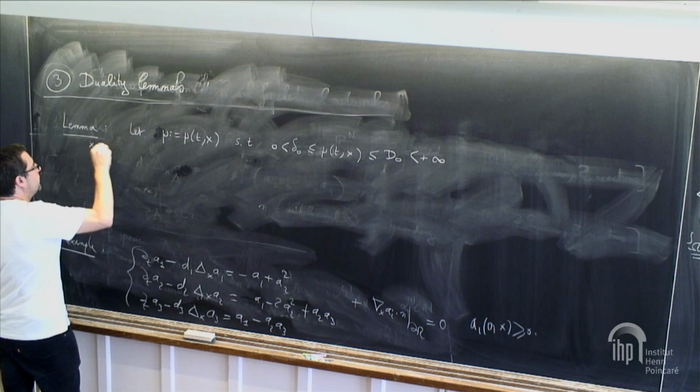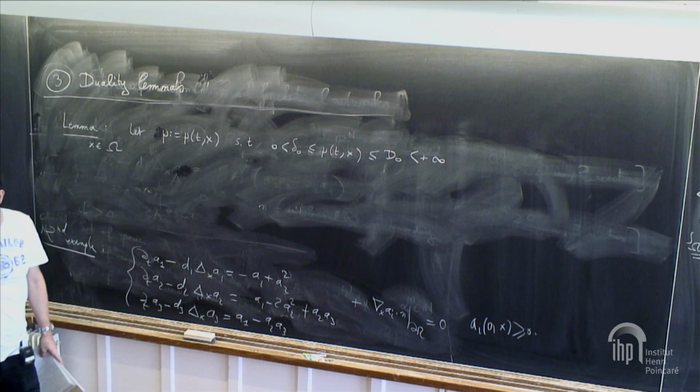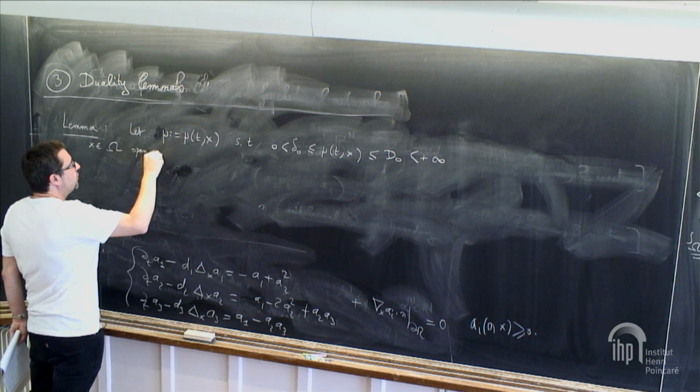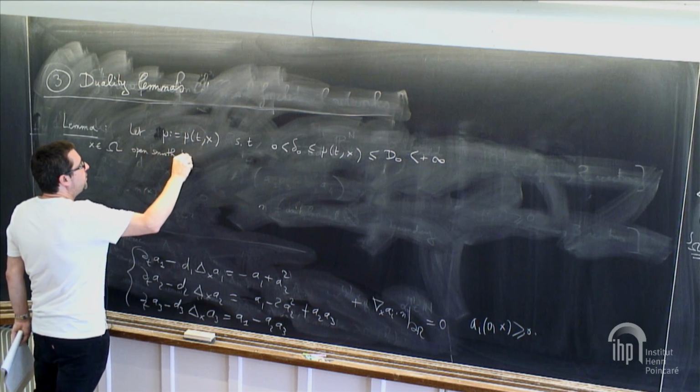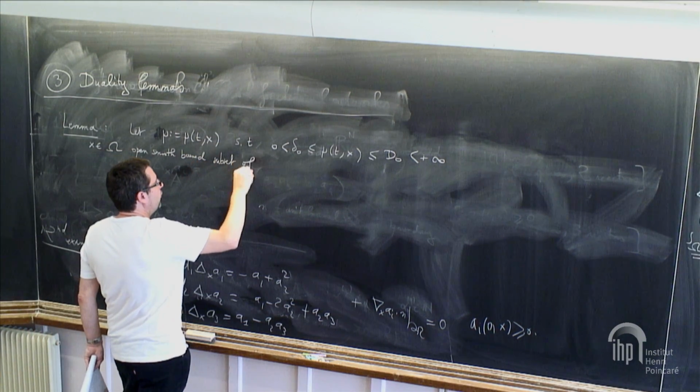And here, x is living in a set omega, which is, as usual, an open, smooth, bounded subset of R^n.